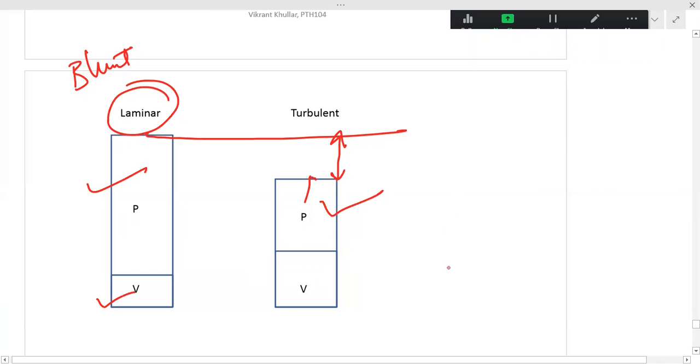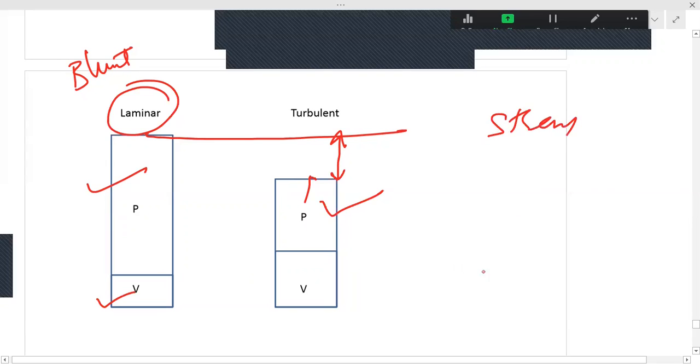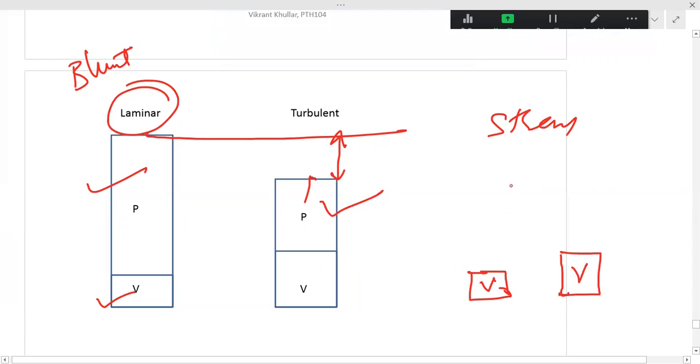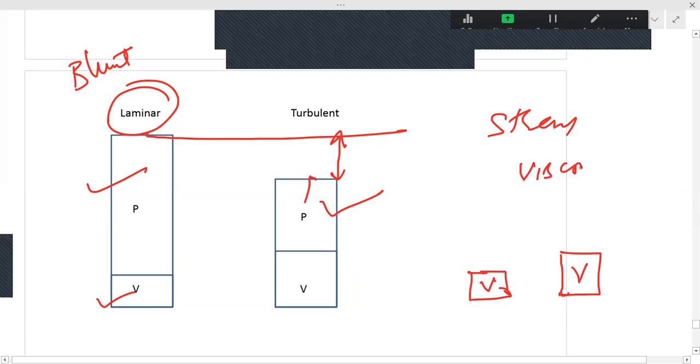But in the case of a streamlined body, the graph will look somewhat like this. Which drag force will I have if I have only a streamlined body? If you remember, only viscous drag.